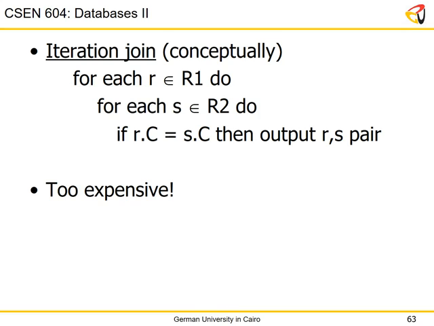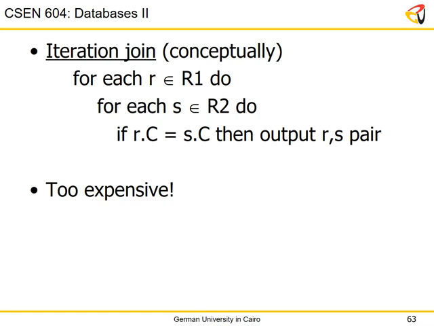The outside loop iterates on R1, and for every iteration of the outside loop, the inside one will iterate on all of R2, doing this check, R1.C with S.C. Since this statement is inside the for loop, it will be executed as many times as there are rows in R2 for a single value from R1, and that will be repeated over and over again.